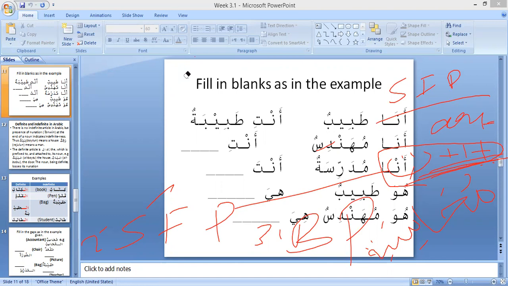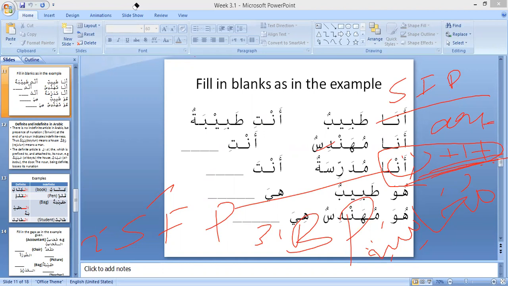You say Halima, Halimatan, Halimat. Fatima, Fatimatan, Fatimat. Riyaga, you can say Riyagatani or Riyagat. Ismail becomes Ismailani. Anything can be turned into dual. Ahmad becomes Ahmadan.